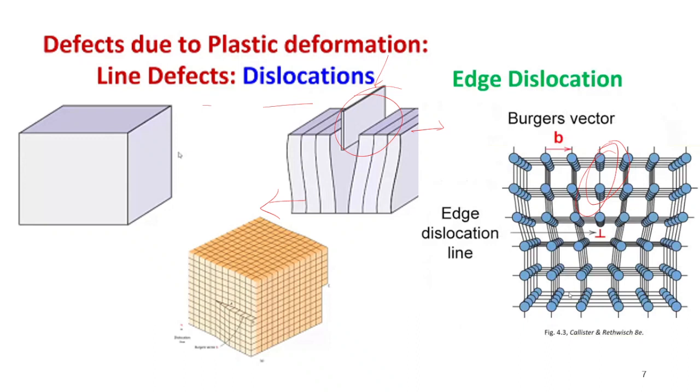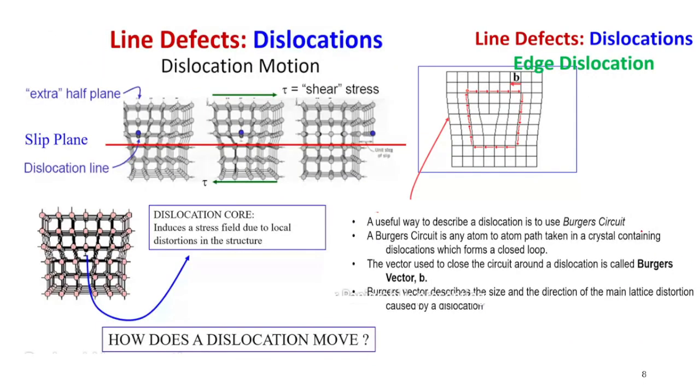When more and more shear stress is given, they tend to move in a particular direction, and when they move, they attract nearby atoms and keep moving until the lattice comes to a halt.